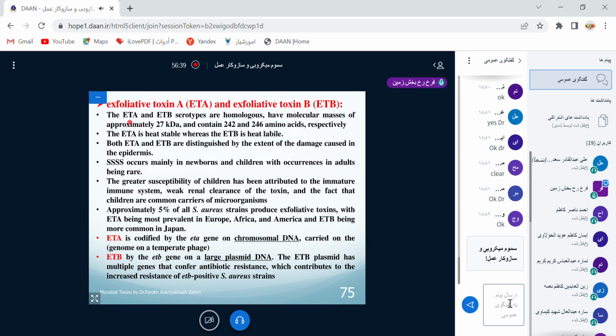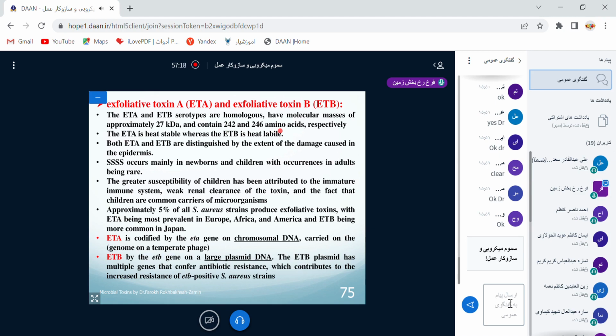The ETA and ETB serotypes are homologous, with molecular masses of approximately 27 kilodaltons both, and the numbers of amino acids are 242 in ETA and 246 in ETB.